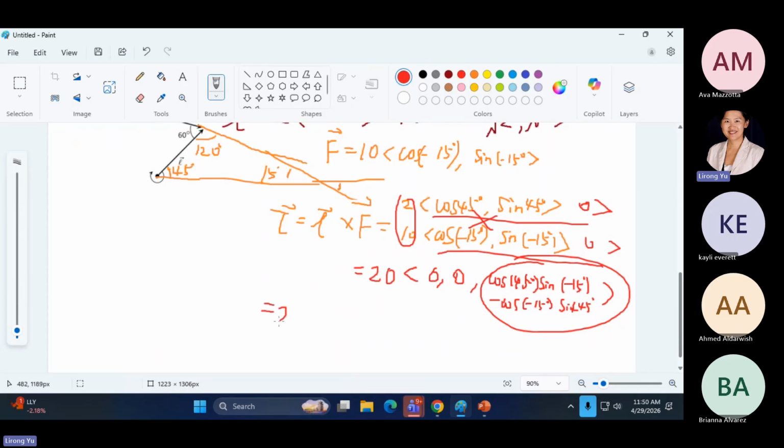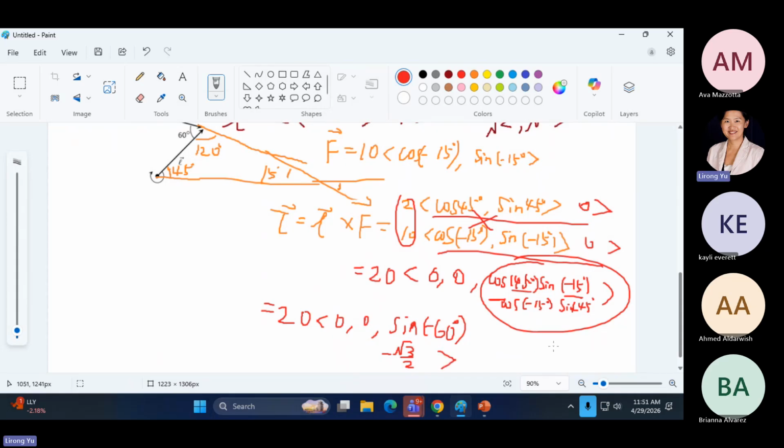So this is actually equal to 0, 0, then we have sine, I think it's sine negative 60 degrees. So this is A, this is B, you subtract them because there was a subtraction sign. So sine negative 60 is actually negative √3/2.